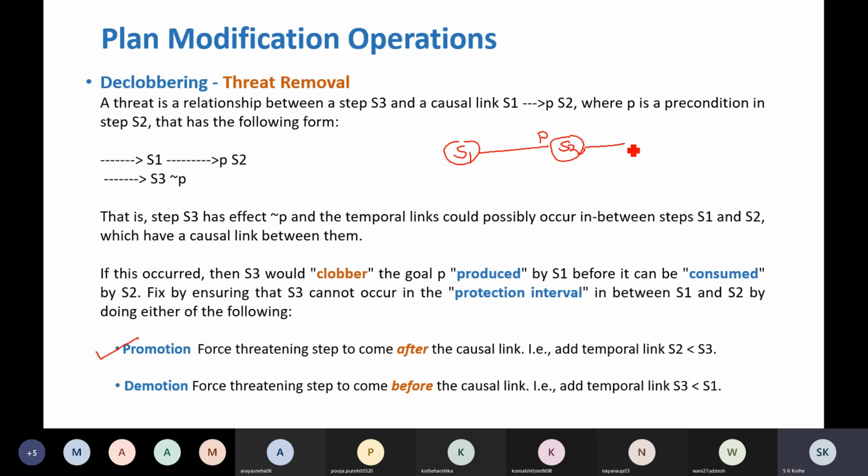So we have S1, we have S2, precondition is P here. If S3 is clobbering and we perform promotion, we add S3 after S2. That is, S2 should come before S3.